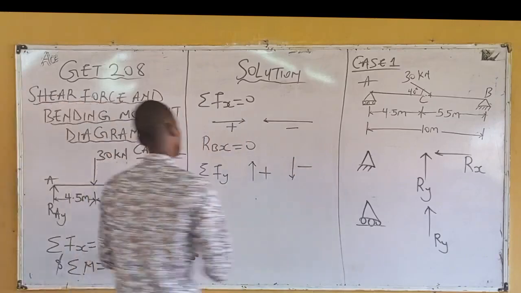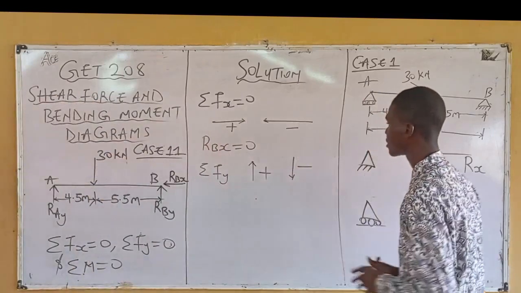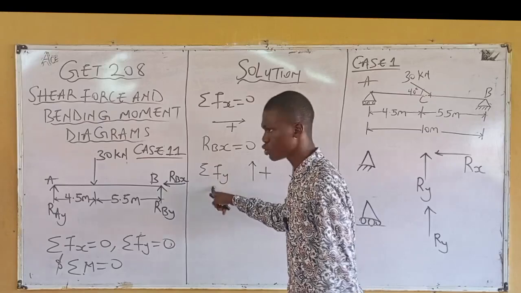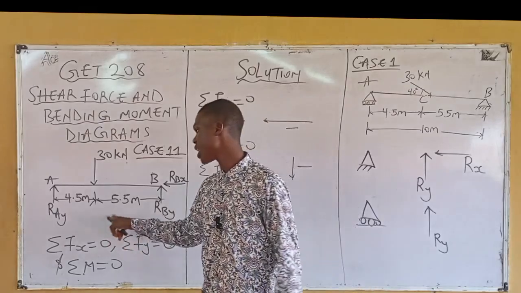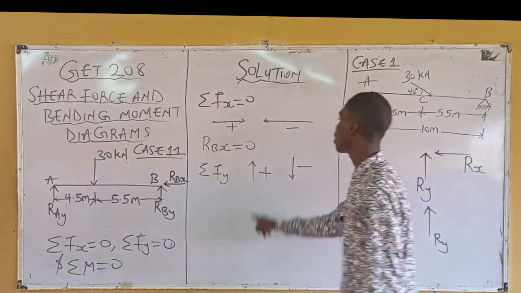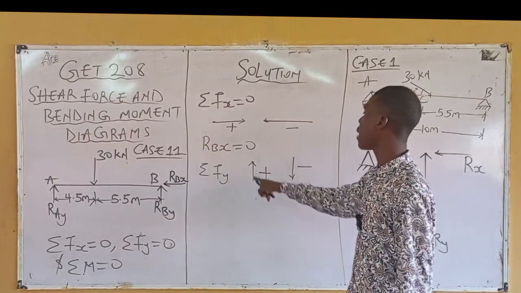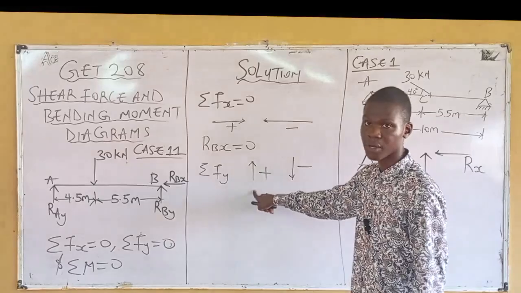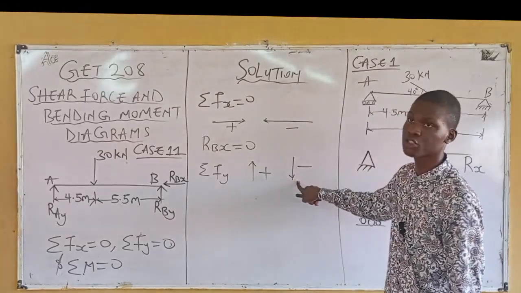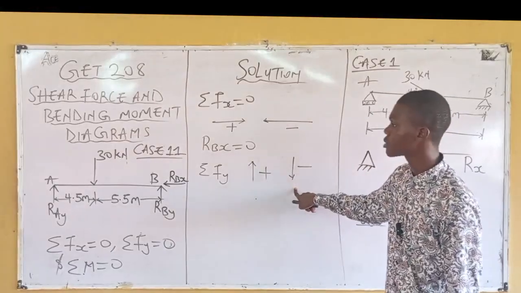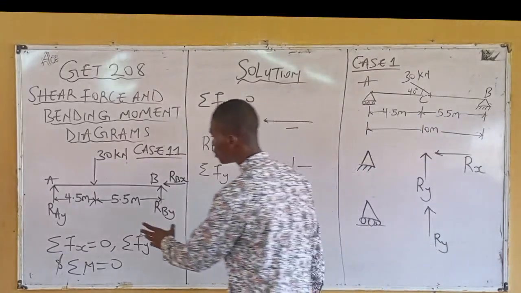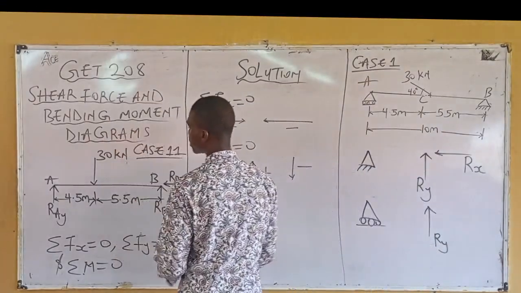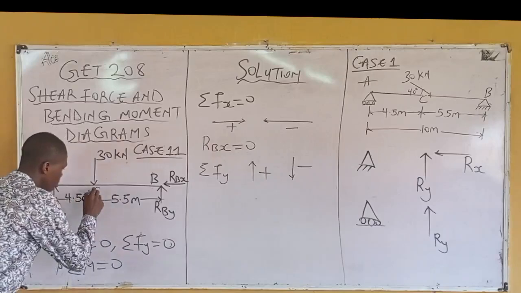First thing first, go back to your free body diagram and identify how many forces of this nature you have, and how many forces of this nature. Before I forget, look at this beam very well. From here, this is C. Call this point C.